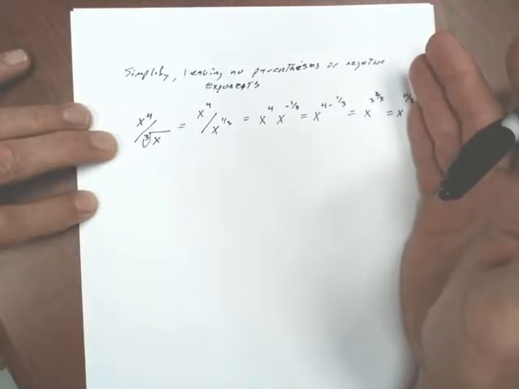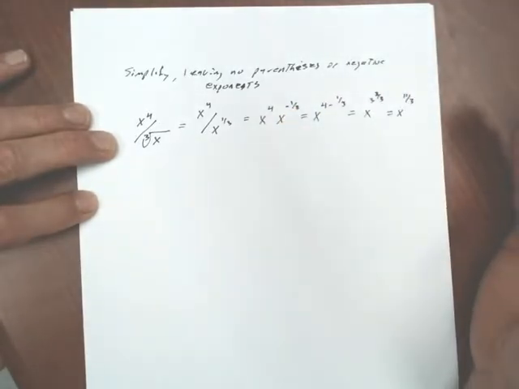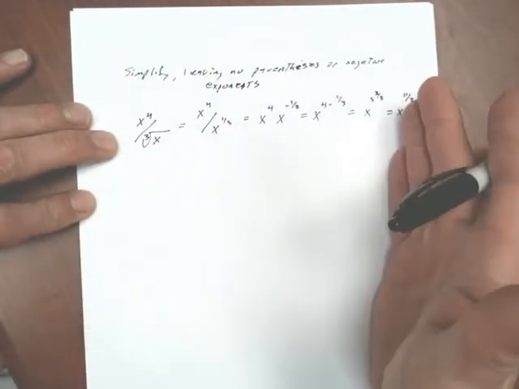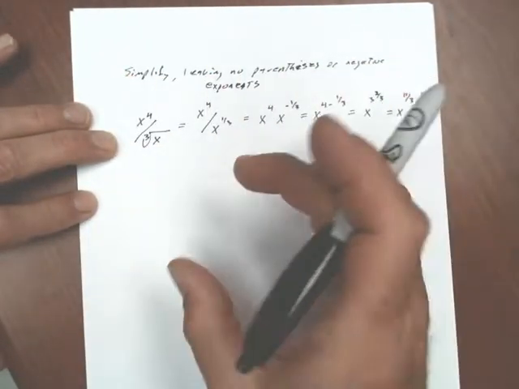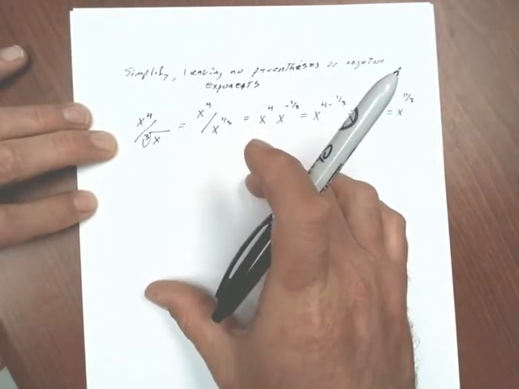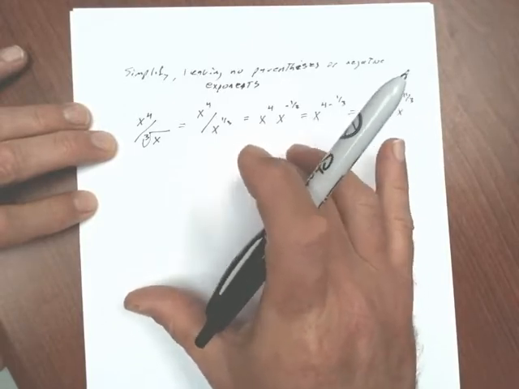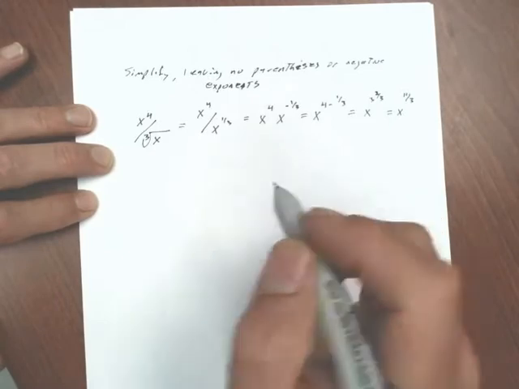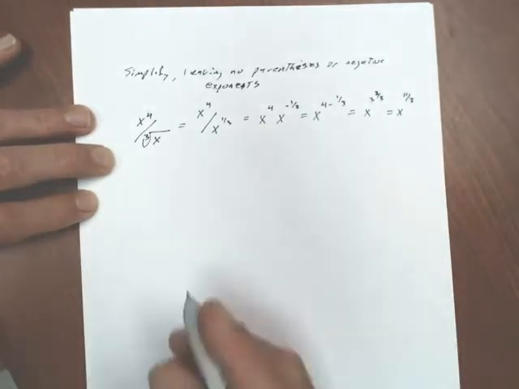Does that make sense? In later chapters, we'll be beyond this material, and you can just skip from here to here if you wanted to. But for the purpose of this chapter, you need to be able to apply these rules and show me that you know how to apply these rules. I hope that's clear. If you have any questions, don't hesitate to email me.